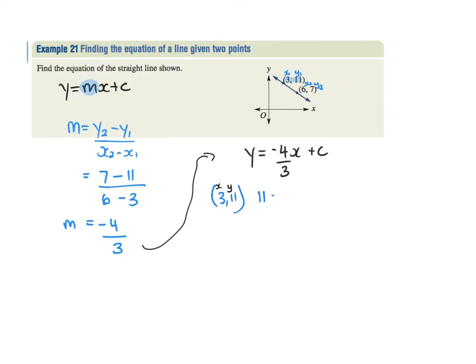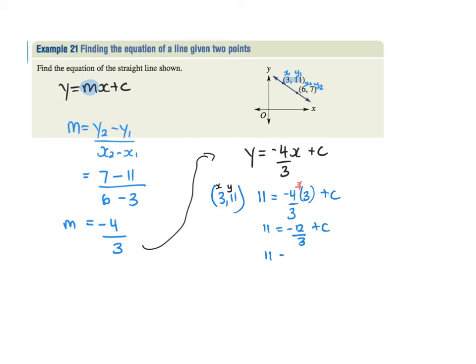So I've got 11 equals -4/3 times 3 plus c. Okay, so here's where your fraction rules come in, I know you're so good at it, but you just multiply across there, yeah? So this one would be -12/3, okay? Plus c.